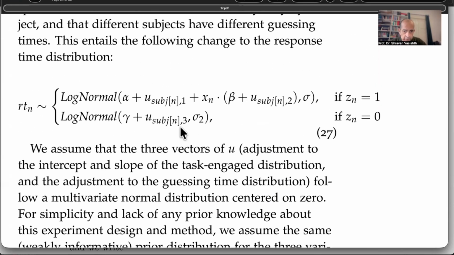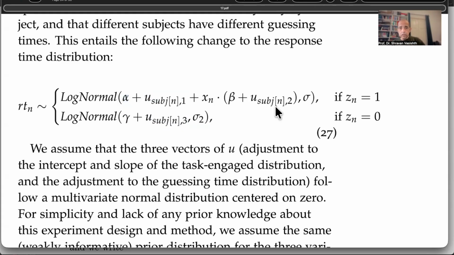Oh wait, sorry, I made a mistake here. The gamma is also assumed in the non-task engaged case to have a by-subject intercept adjustment. So there's actually 3 dimensions to this U matrix. If there are 20 subjects, this U matrix will contain 20 rows and 3 columns. The first column will represent the by-subject adjustment to the grand mean intercept in the engaged task.